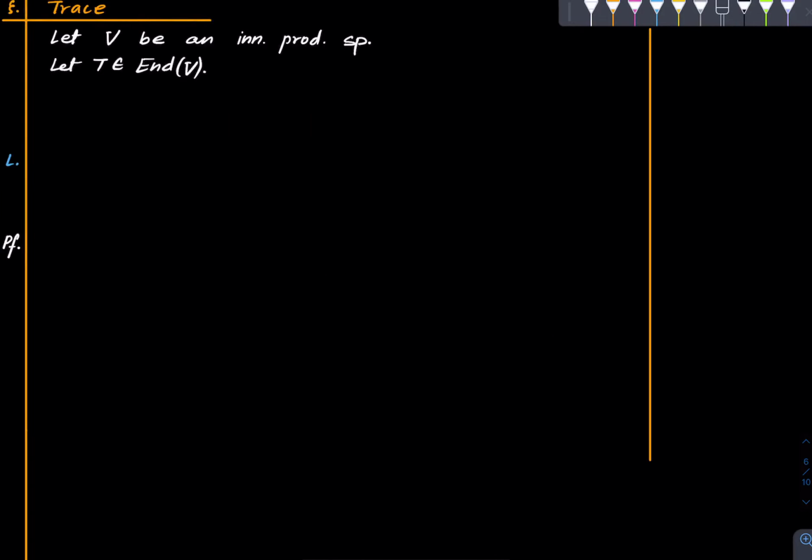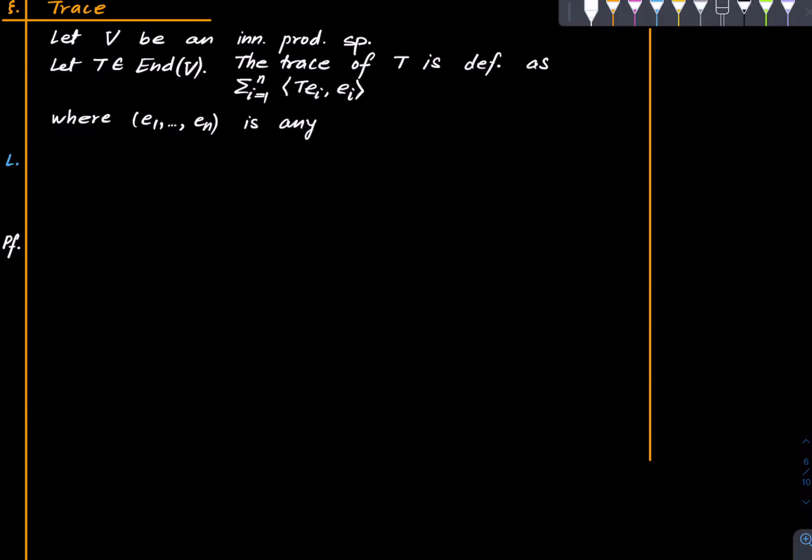So now we can define trace of a linear endomorphism on an inner product space. So we are given such a T, and now the trace of T. So you pick any orthonormal basis e1 up to En and then form this summation.